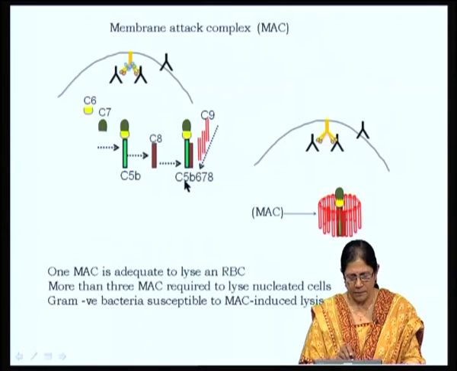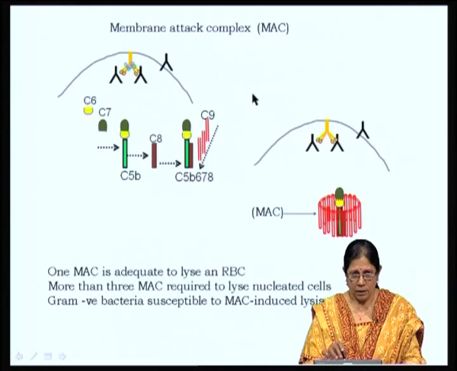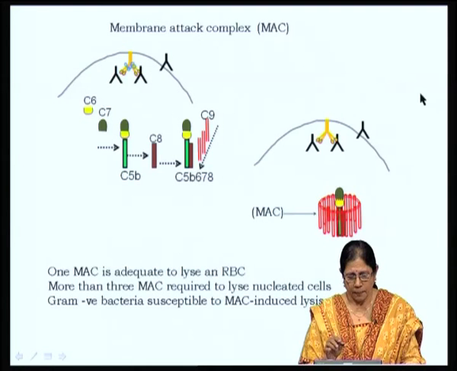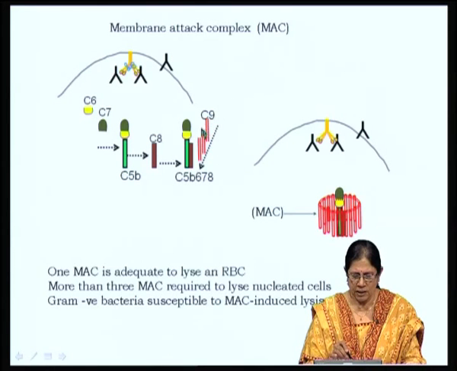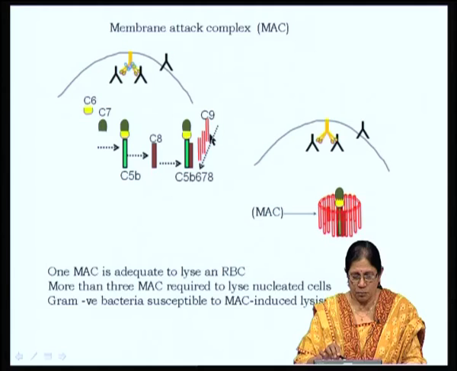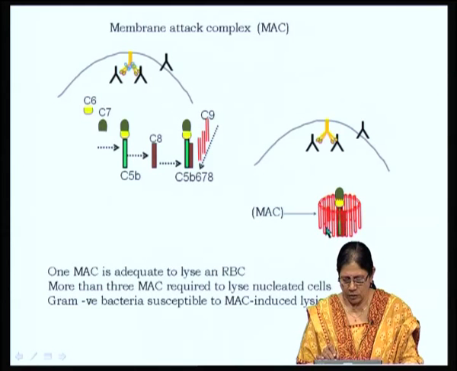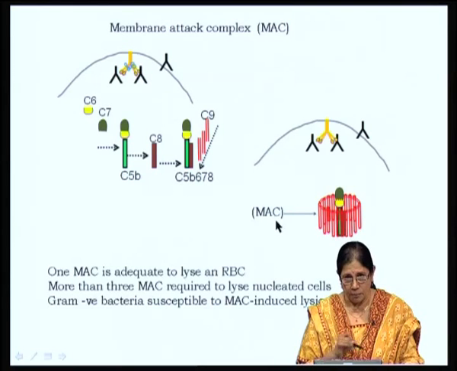The moment that happens, the next complement component C9 molecules are recruited to the site. C9 on its own is present in soluble form, but when the binding site for C9 is exposed on the C5b, 6, 7 and 8, there is polymerization of the C9 and a large number of C9 molecules are recruited, and you can see this forms a structure which is known as the membrane attack complex.